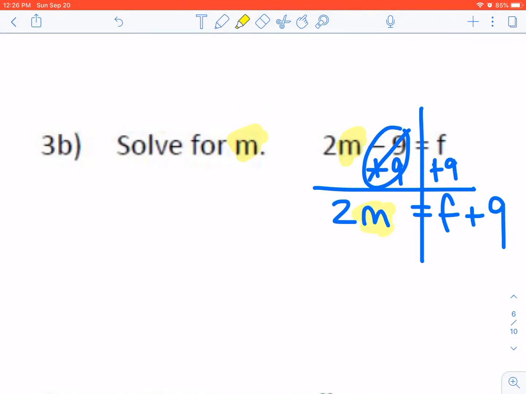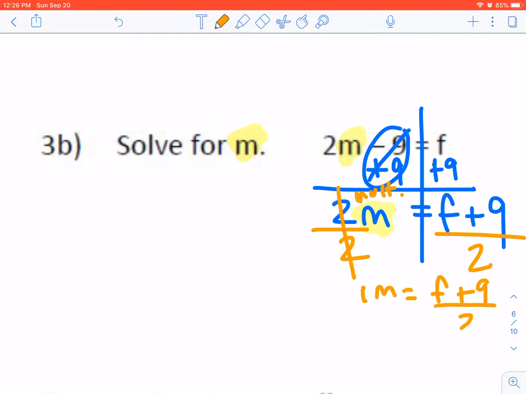To do that, we need to undo multiplication, because remember that when they are side by side, that means multiply. So we're going to divide both sides by 2, like this. The 2's divide out. So we have 1m equals f plus 9 over 2.